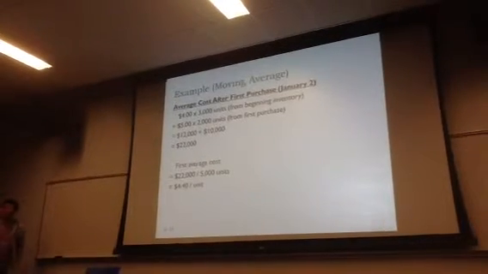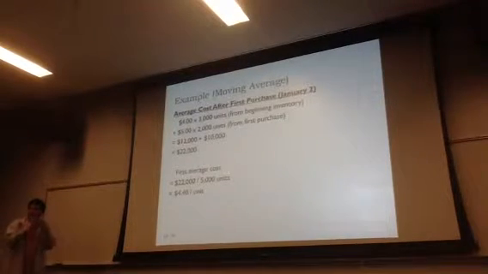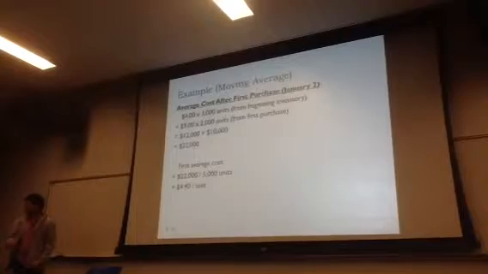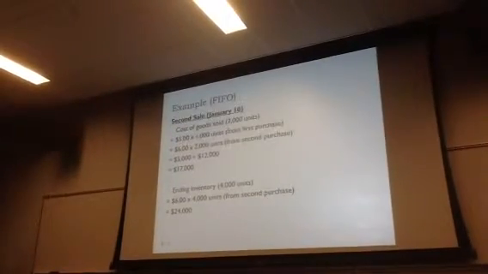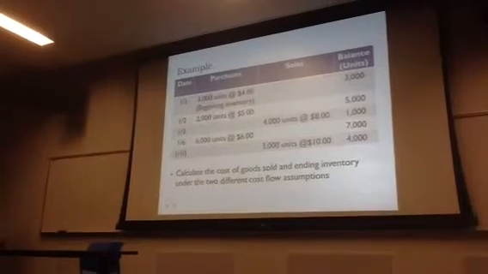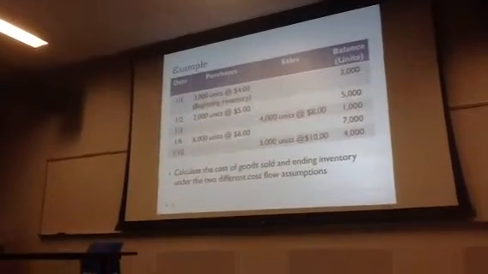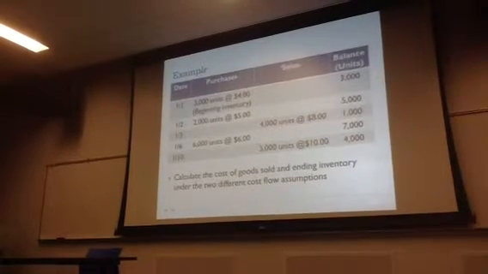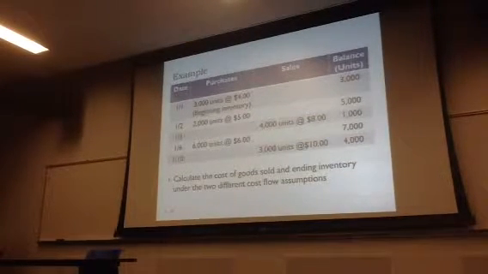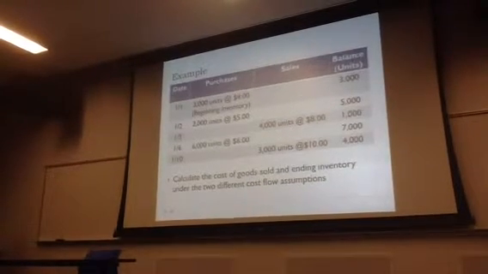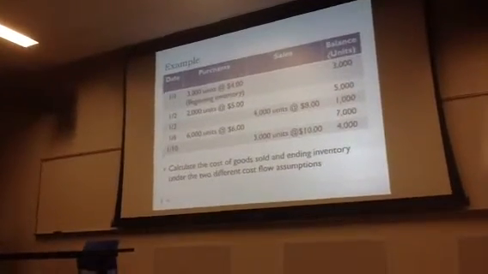So in terms of the average cost, right before the first sale, we would have 5,000 units now. Okay, so we would have to take these two and then take the average. So what we are going to do is we would take 3,000 units times $4 plus 2,000 units times $5, and then all divided by 5,000 units.